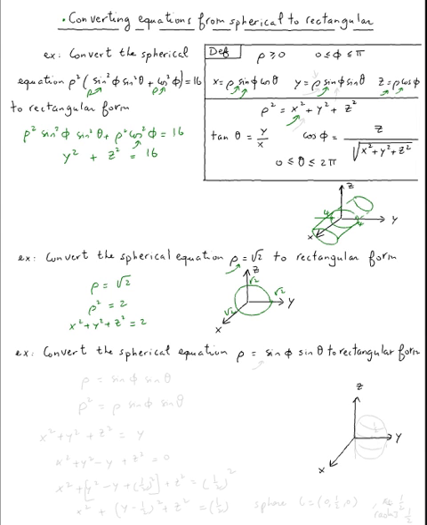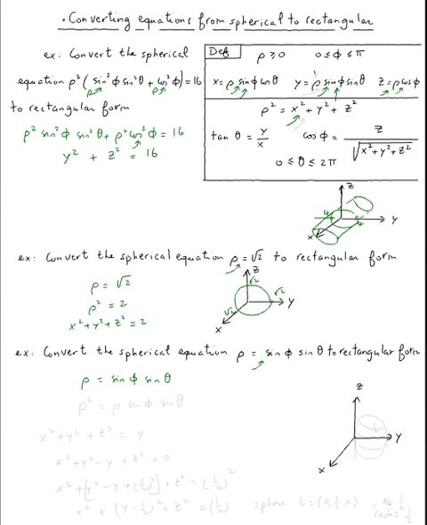It's an easy one. The next example: convert the spherical equation rho equals sine phi sine theta to rectangular form. Again, I see sine phi sine theta, so I'm looking at y.